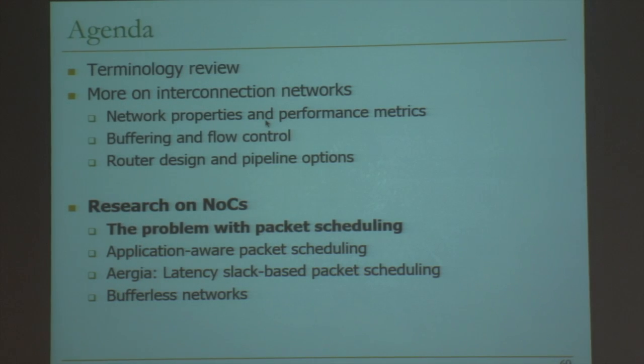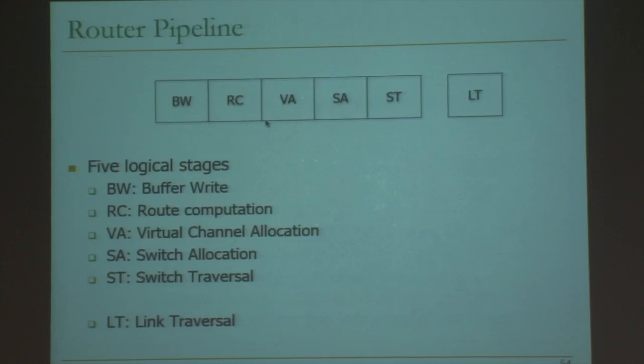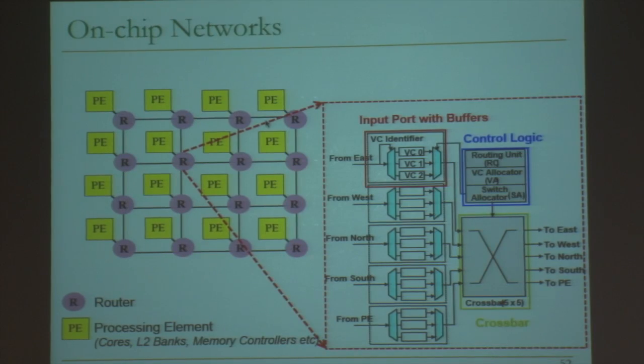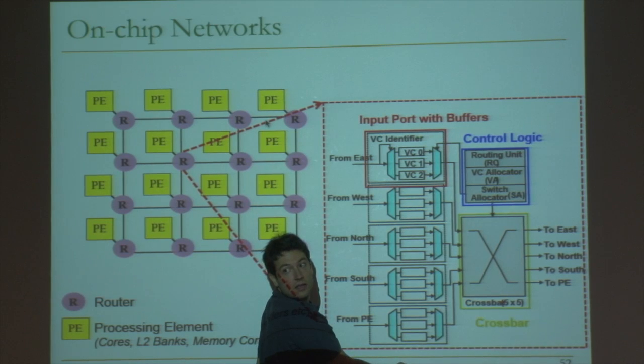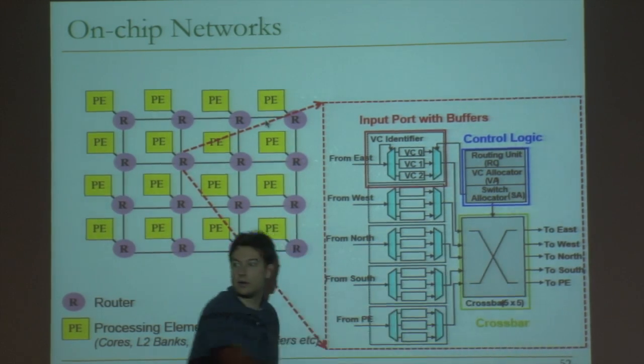All right. So packet scheduling is essentially the problem of picking which packets I'm going to allow to make progress. Just quickly going back to the picture that I showed here, I have a bunch of packets waiting on all of my virtual channels, and I decide which ones I'm going to allow to go to the next router.